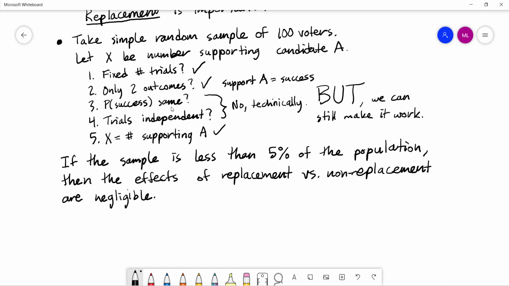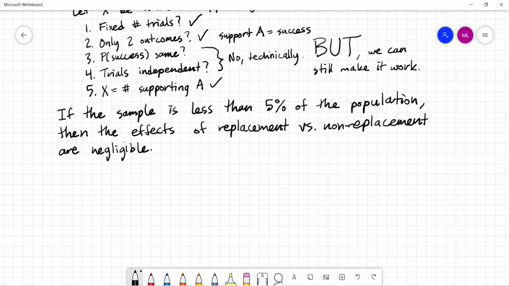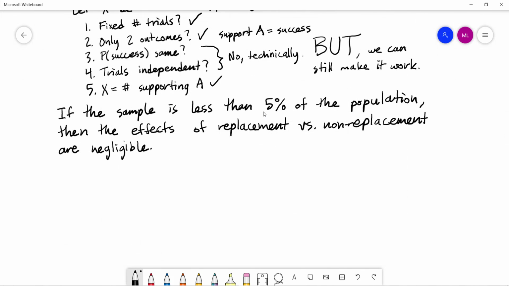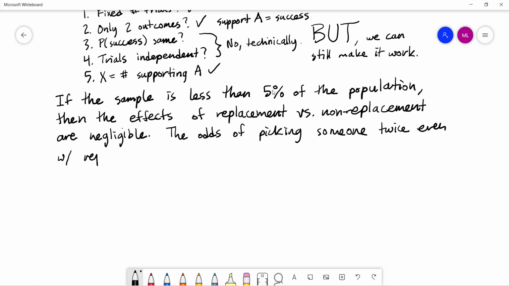So even though the results are technically not independent, they're so close that we're not going to care. And so this is our cutoff. Again, as long as the sample is less than 5% of the population, the odds of picking someone twice, even with replacement, so even allowing for that possibility, are slim.